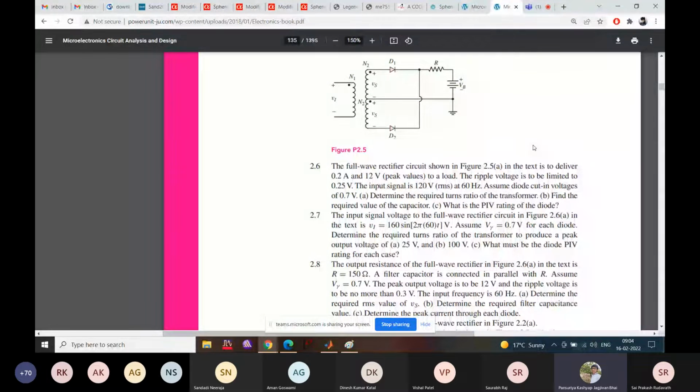N1 by N2 is 10 by 1. N1 is the primary coil, so it has more turns than N2.